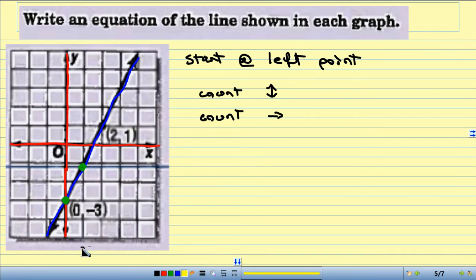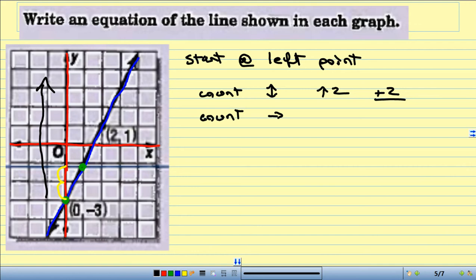To get from this point to this point, I'm going to have to go up 1, 2. So I'm going to go up 2. Well, up 2 means I'm going in the positive y direction. So that means plus 2.